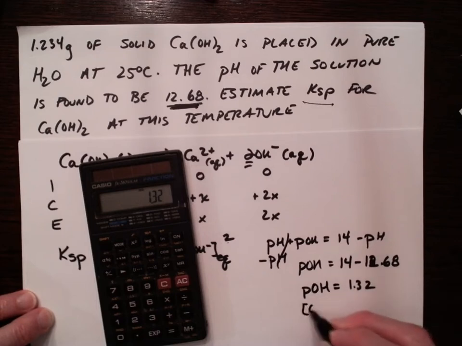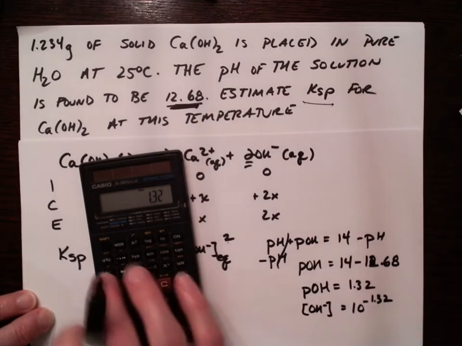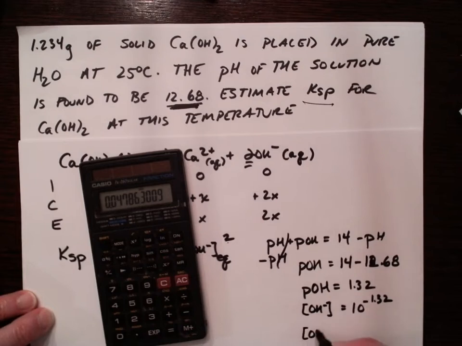Well, the hydroxide concentration, then, that's going to be 10 to the minus 1.32. The hydroxide concentration is going to be 0.0479 molar.